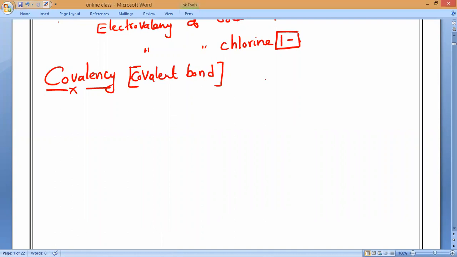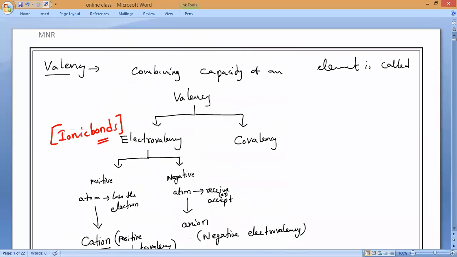Now covalency means, remember, the number of electrons shared by an atom, and this covalency will only be shown by non-metals. And electrovalency is shown by whom? Electrovalency is shown by both non-metals and metals.